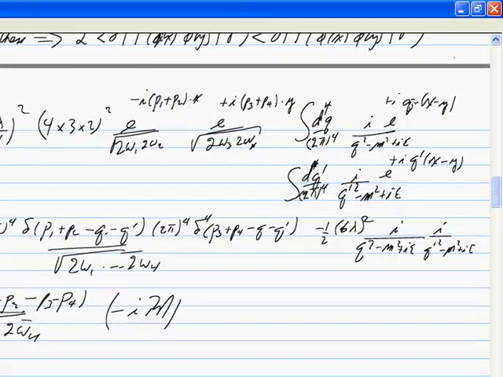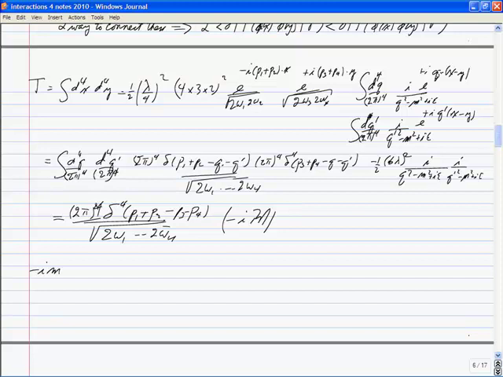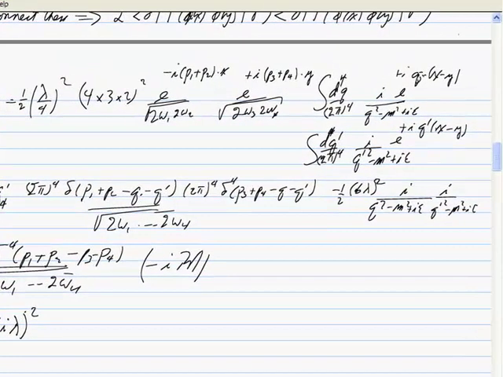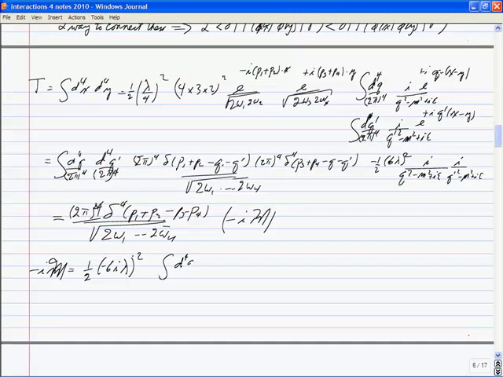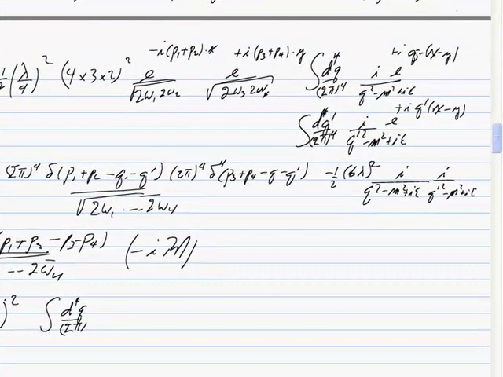So we've got the general form. Minus iM equals 1/2 times (minus 6iλ)². There's a residual loop momentum, d^4q over (2π)^4, because it's still left over.